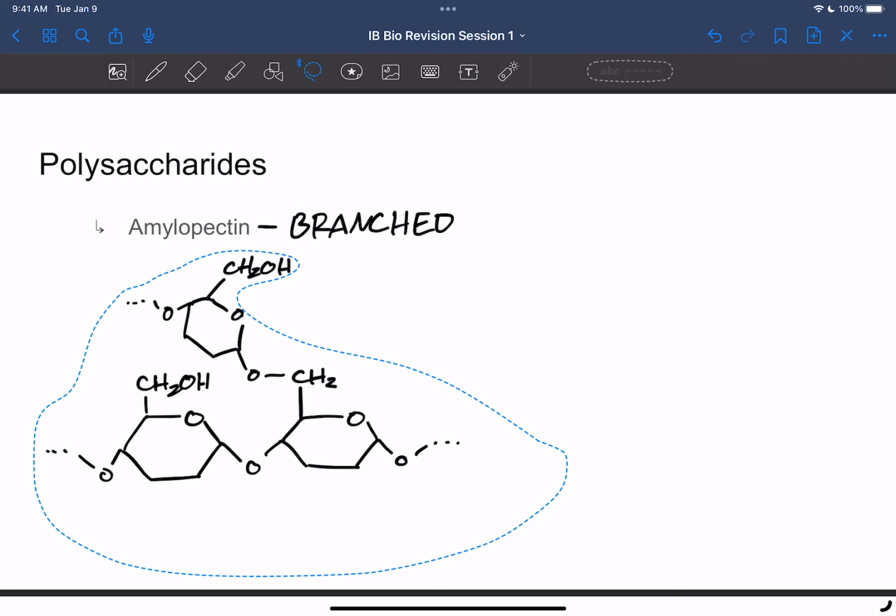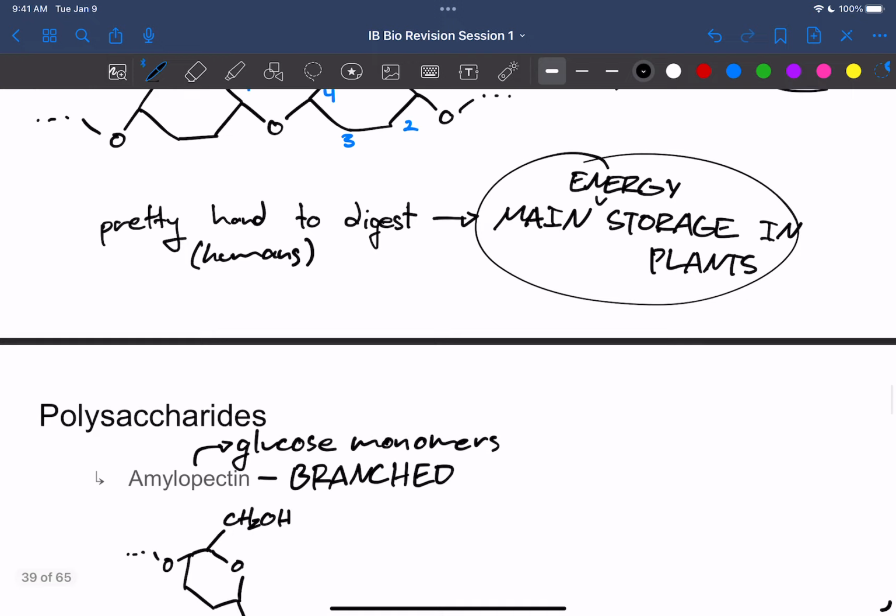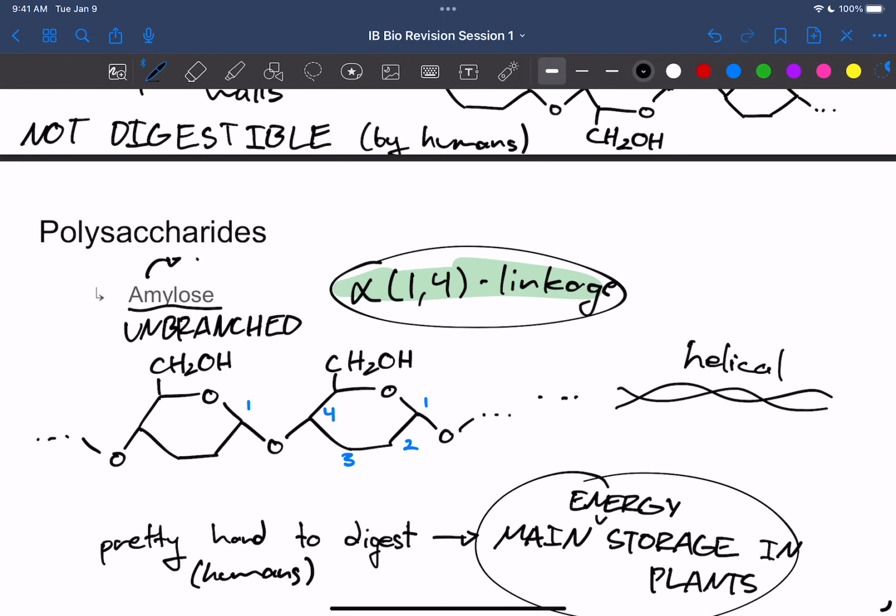We're just going to move this down a little bit. There we go. So let's break this down. Let's look at the first one here. So these are glucose units once again. And the same goes for amylose.